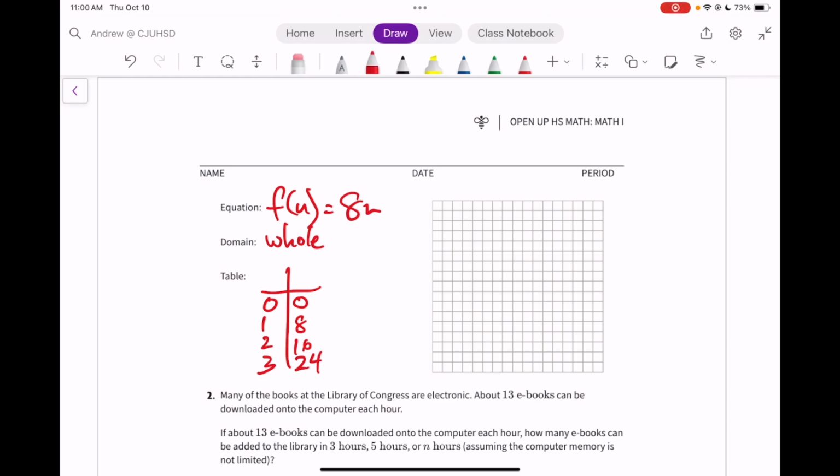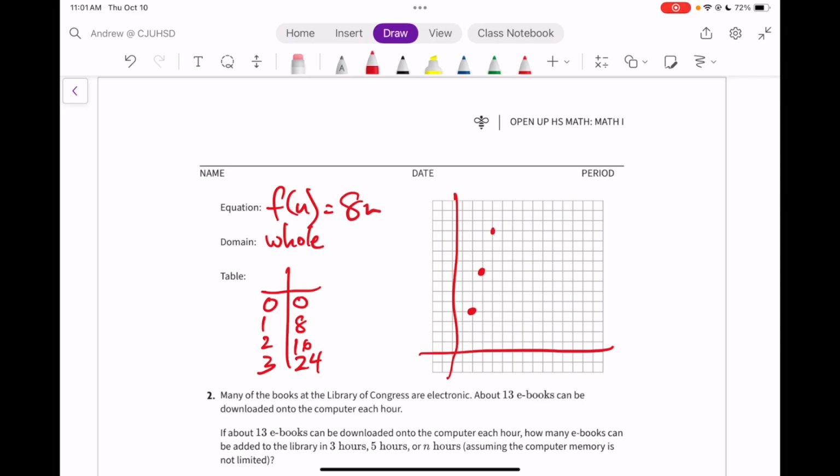A graph of that. I'm not going to go into great detail on the graph, but basically, depending on your scale, there's 8, and then we could do it again, and again, and again.